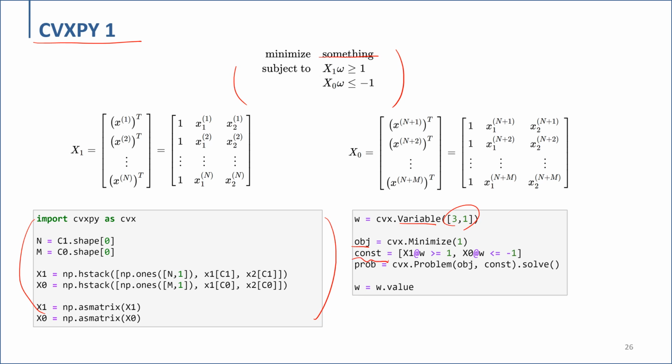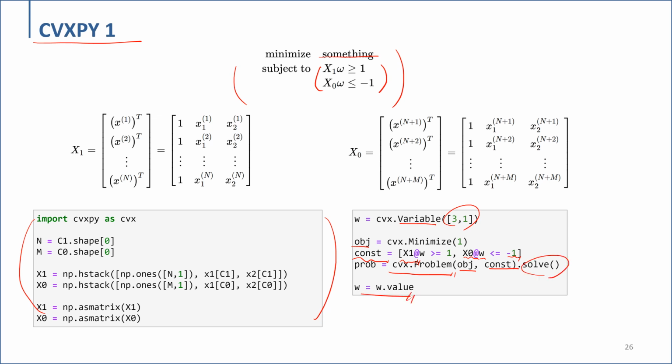The constraint should satisfy this condition. For the data points, x1 times omega should be larger than 1, and x0 times omega should be smaller than -1. By setting up a CVX problem with objective and constraint and solving it, we can obtain the proper omega value.